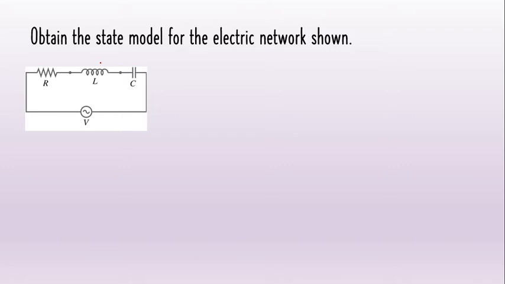The quantities associated with them, that is, inductor current and capacitor voltage, will act as our state variables, right? Here, as it is a series circuit, naturally the same current will flow through each of the elements. So I am taking that inductor current is basically the circuit current. So I will be my state variable and another state variable will be my VC.